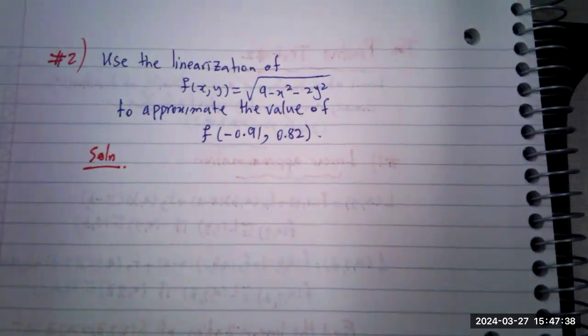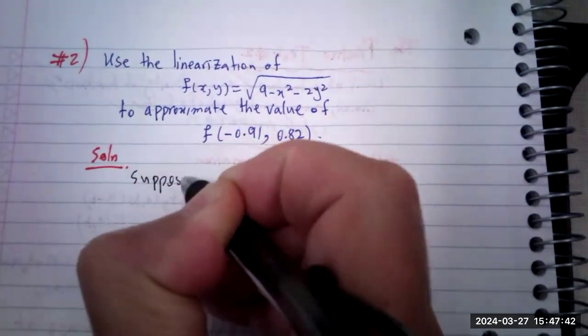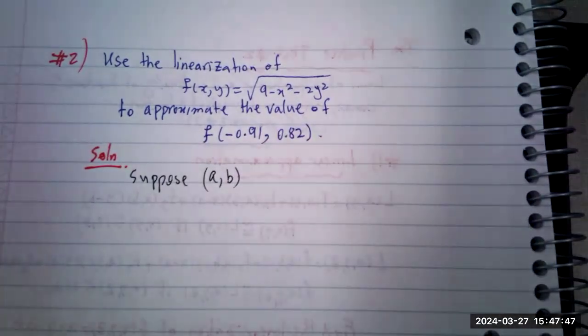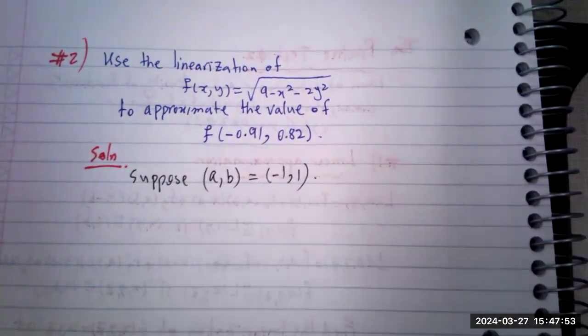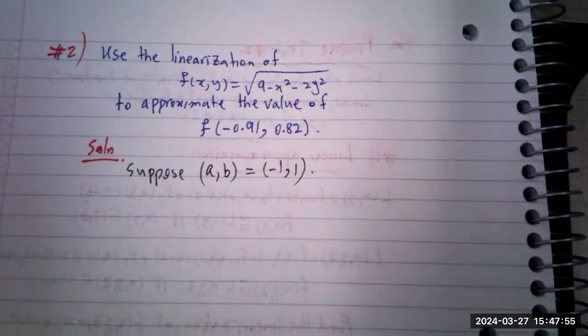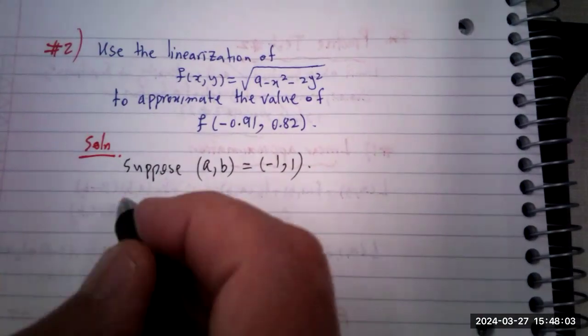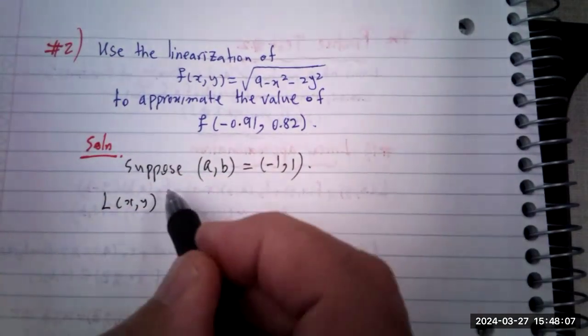Okay, so what you are going to do, suppose the point that you are going to pick is (a, b). If it's going to be 3 variables, you have to pick a, b, c. Let (a, b) be (-1, 1). Okay, you pick this point, (-1, 1). Now you do your estimation over here. So then it's a function of 2 variables, x, y.